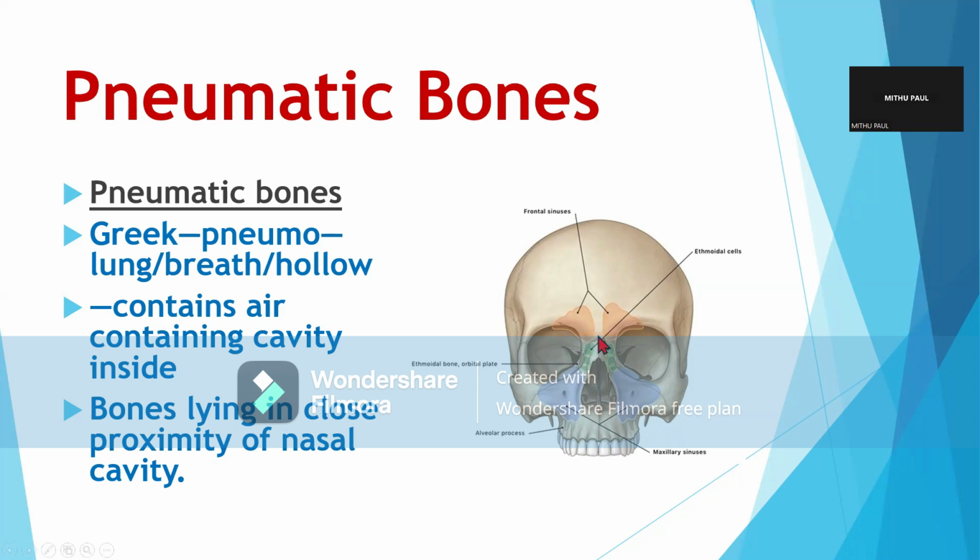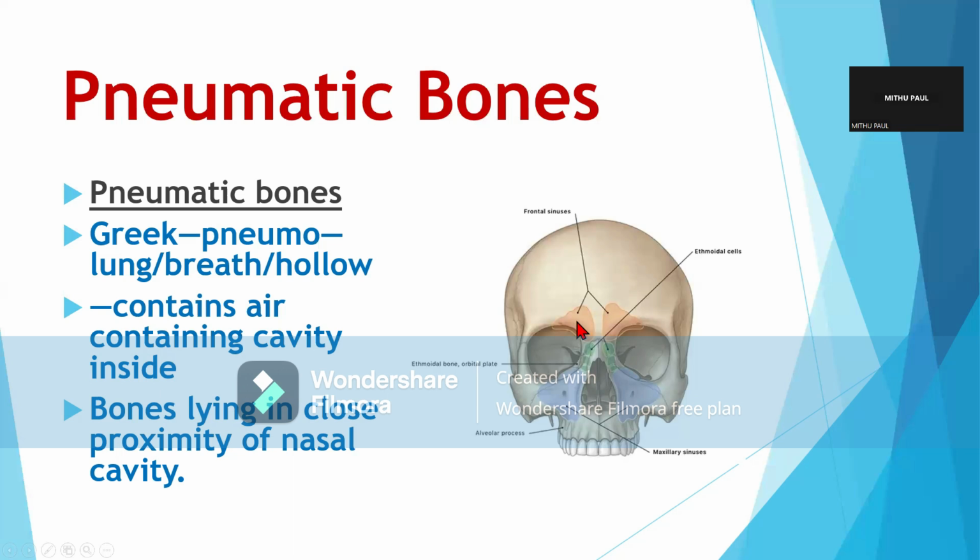They mostly lie surrounding the nasal cavity, because this is the cavity through which air goes in and comes out during inspiration and expiration. All these are the paranasal sinuses.